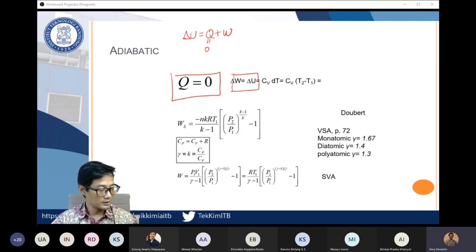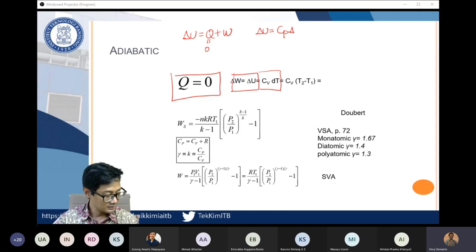So if you want to calculate work, just use the definition of delta U. Remember, delta U is equal to CV delta T, while delta H is always CP delta T.